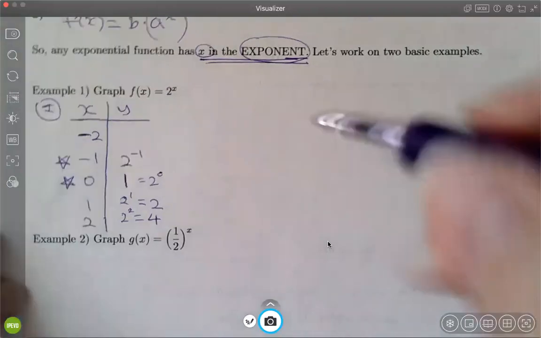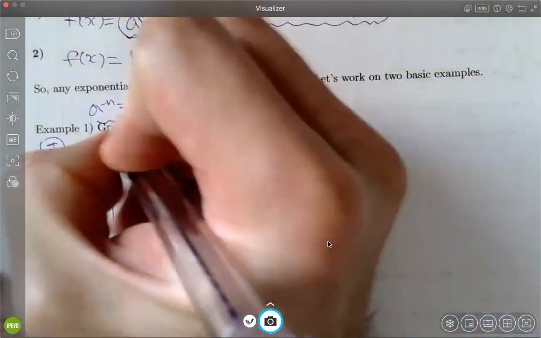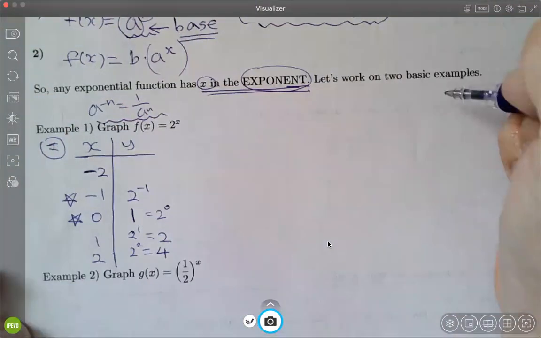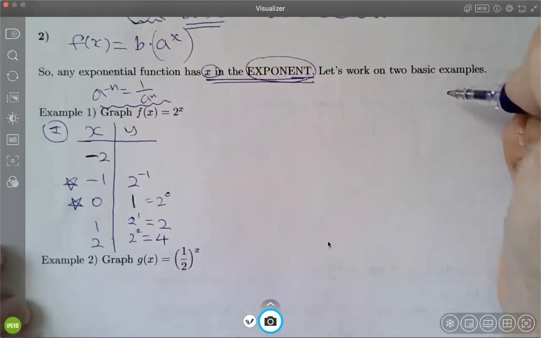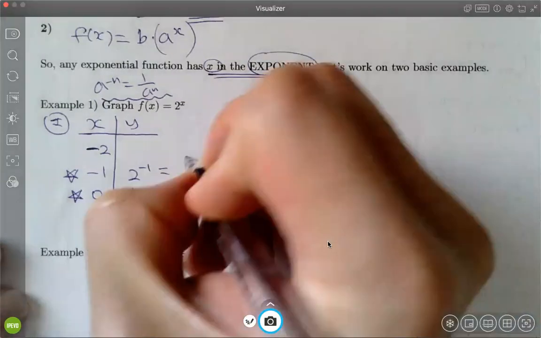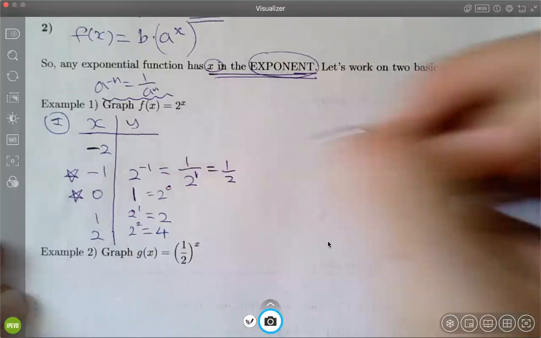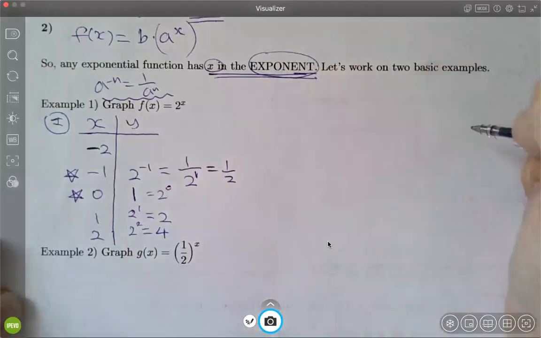And hopefully you remember this rule from the exponents. So what is 2 to the power negative 1 equal to? 1 over 2 to the first power, right? Which is equal to 1/2. Okay, now this is not the developmental class, so I cannot go over the rules of exponents.